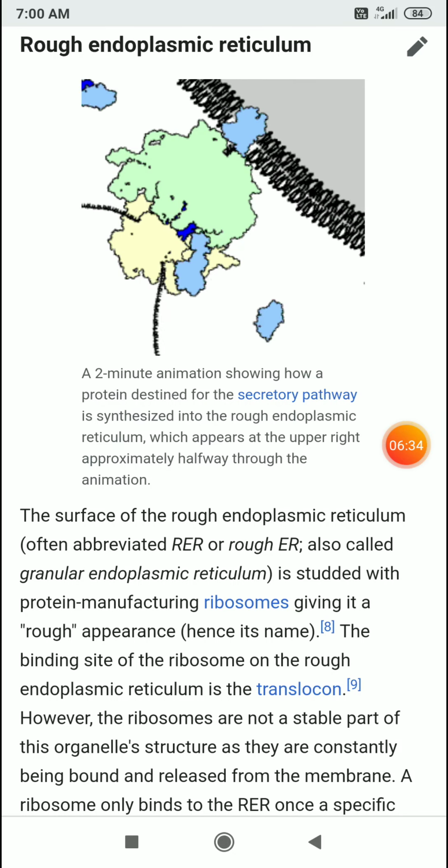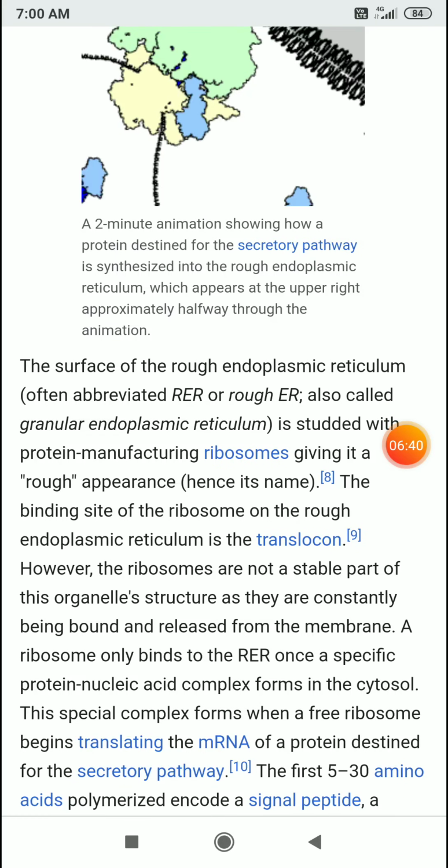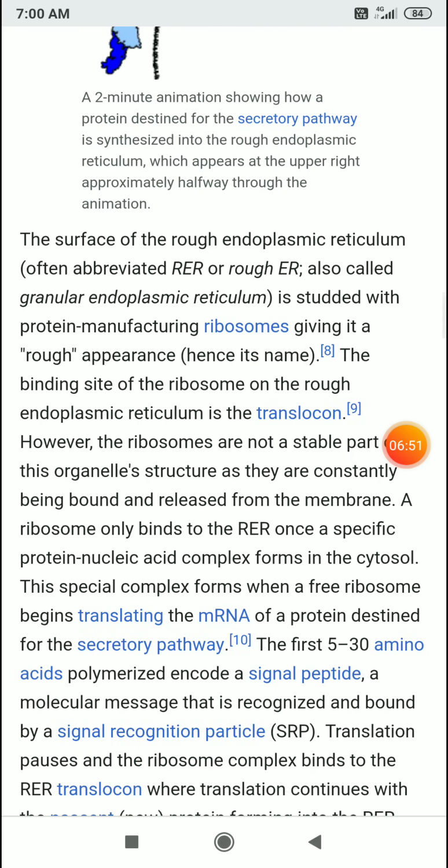The binding site of the ribosomes on the rough endoplasmic reticulum is the translocon. The ribosomes are not a stable part of this organelle's structure, as they are constantly being bound and released from the membrane.